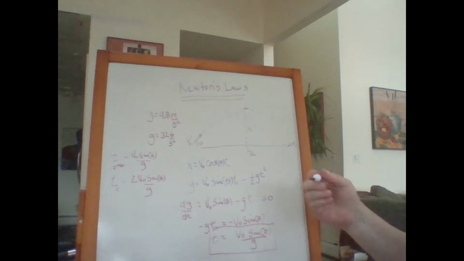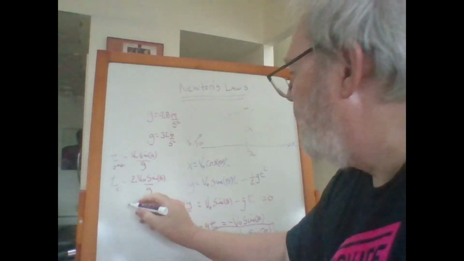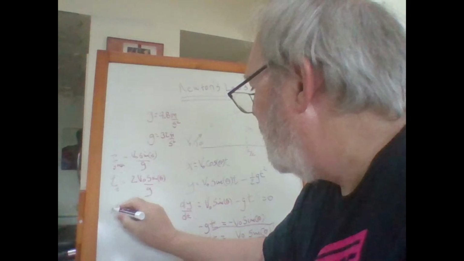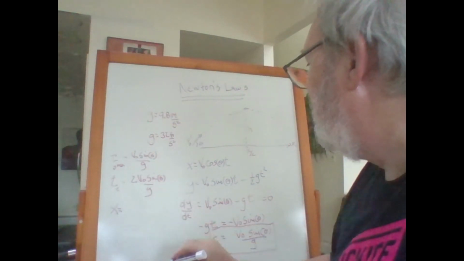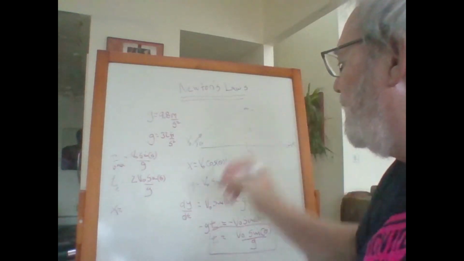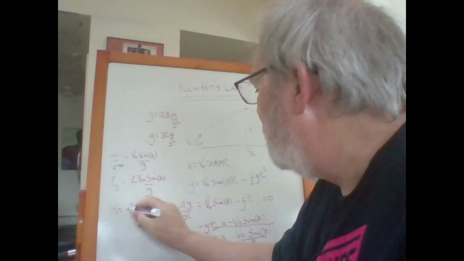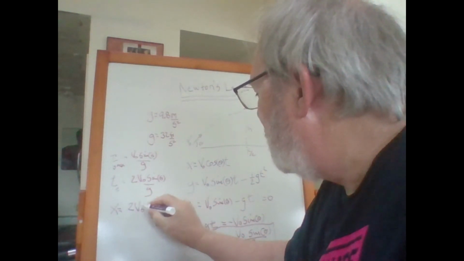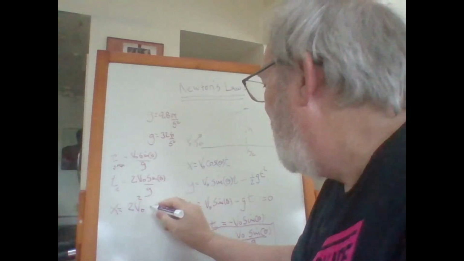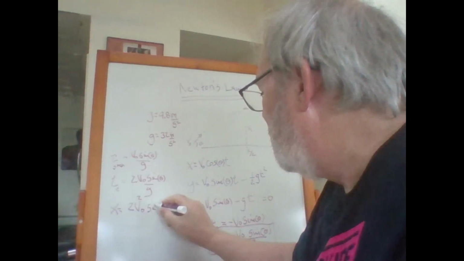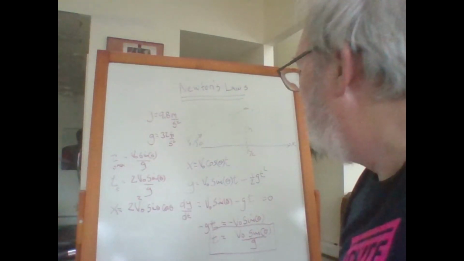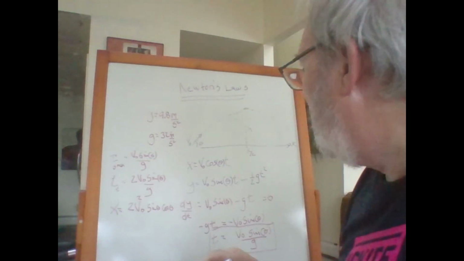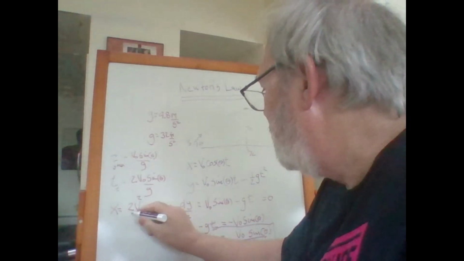So x, the distance the cannonball is going to go, when we plug this in there, we're going to have 2 v naught squared sine theta cos theta over g.